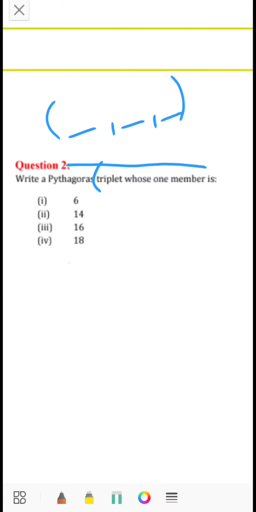Now from that, one of the members is given. They haven't given the value of m or anything else, but they have given one member out of the 3. So from this group of 3 numbers, 1 is given to you and you have to find out the remaining. For this you have formulas.